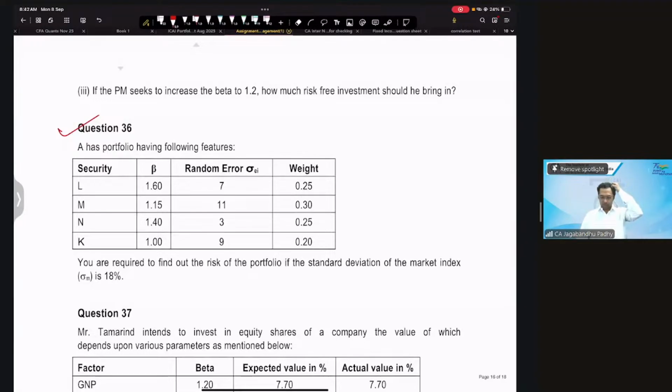Just check if you can get it. So there are 4 securities with their betas given to us. Standard deviation of error term is given to us. The weightage is given. You are required to find out the risk of the portfolio. Basically, portfolio standard deviation is to be computed if the standard deviation of market index is given. So this is essentially the portfolio variance or portfolio standard deviation using Sharpe index. Try to solve this.